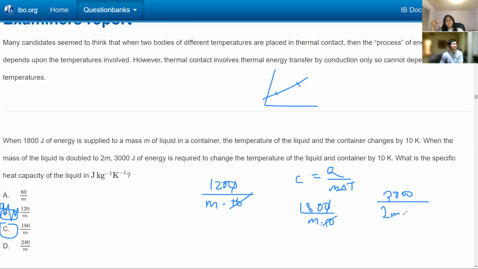Over 2m times 10. That's kind of weird. So 150. Oh, so then okay. It's 120 and then, or 180 and then 150. That's kind of trippy. How does that work? That's really trippy. Like, how does that even make sense?